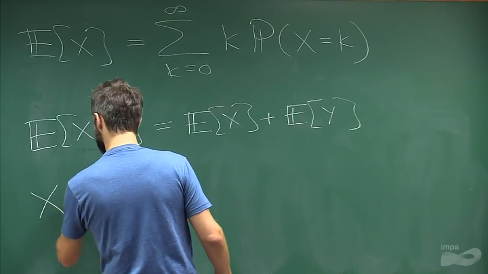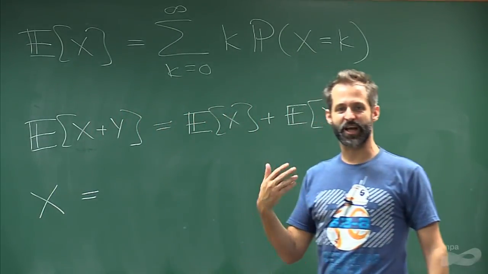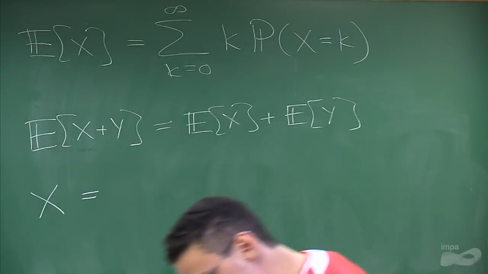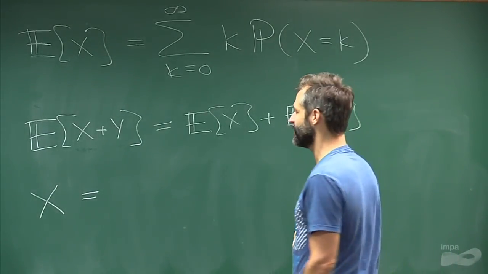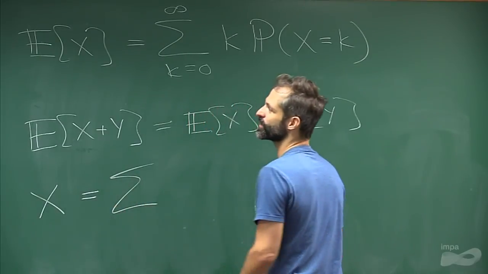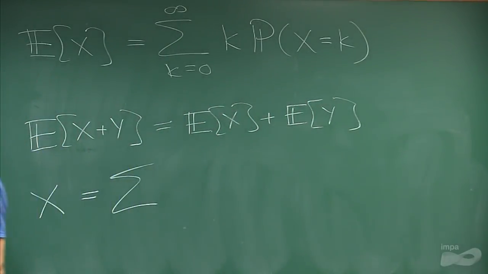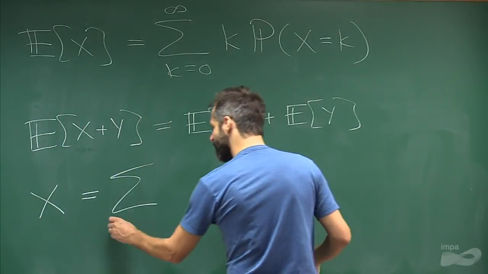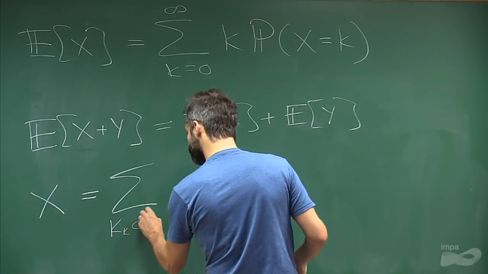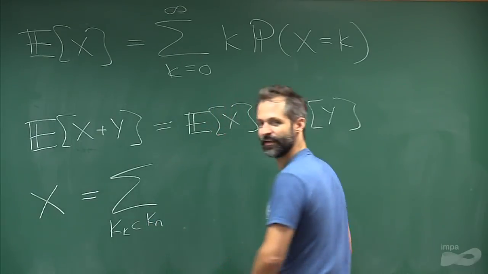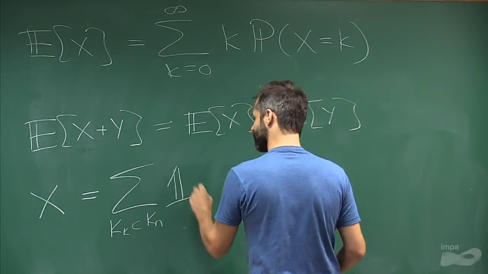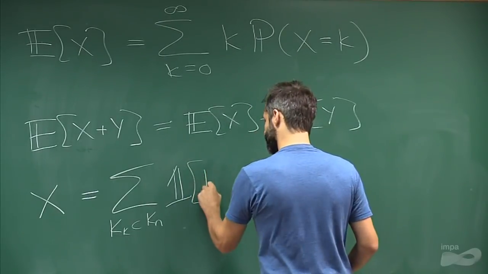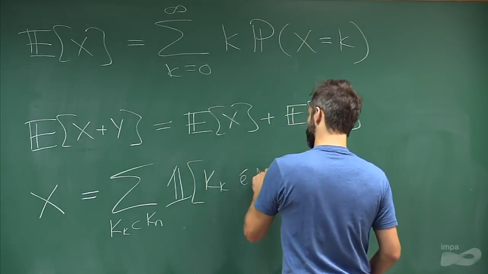You can write it as a sum of random variables that are very simple, that are indicator functions. It's the number of monochromatic copies of K_k, so it's just the sum over all copies of K_k of the indicator function that the copy is monochromatic.